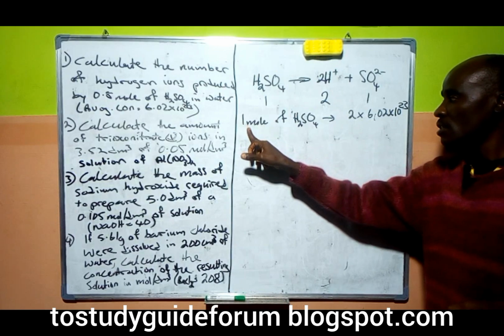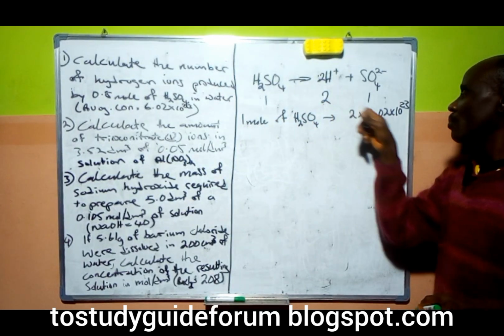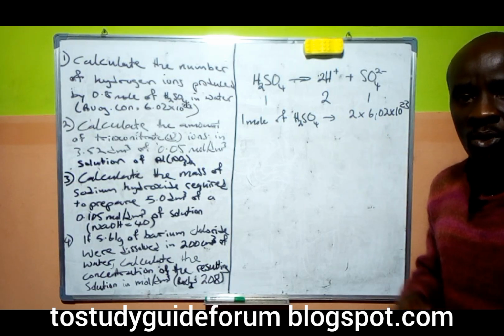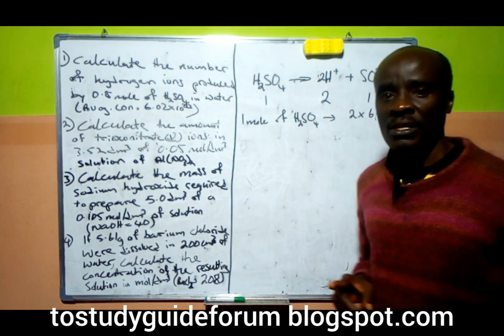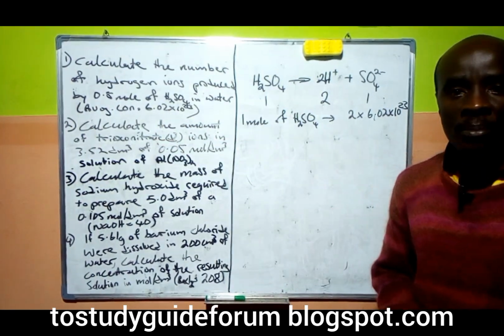If 1 mole of this will give us 2 moles of this, that means 2 moles of this will be equal to 2 times the Avogadro's constant, because we know that 1 mole of any entity is equal to 1 Avogadro's number.